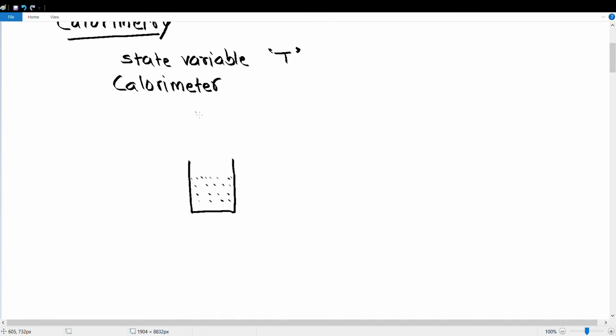And there is a thermometer, which is used to measure the temperature of water. Suppose this is our thermometer. This thermometer measures the temperature of water, and in addition to this thermometer, there is a stirrer. This is the stirrer. With the help of this stirrer, we mix the water so that its temperature becomes uniform.